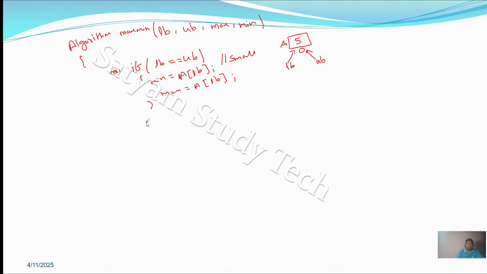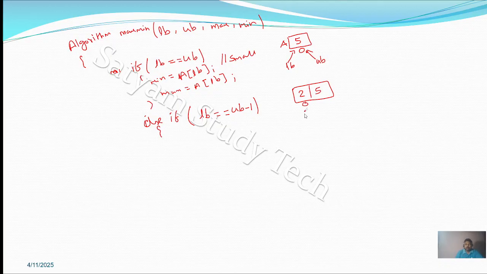Else, if lower bound is equal to upper bound minus 1. What is the meaning of this? The array consists of two elements. For example, the first element is 2 and the next element is 5.